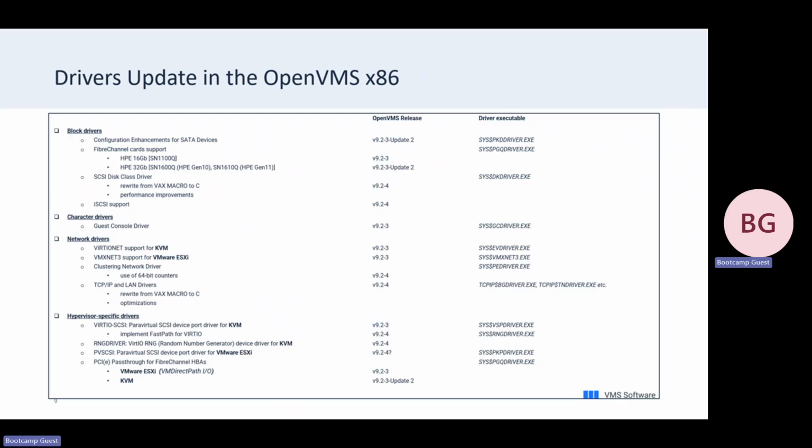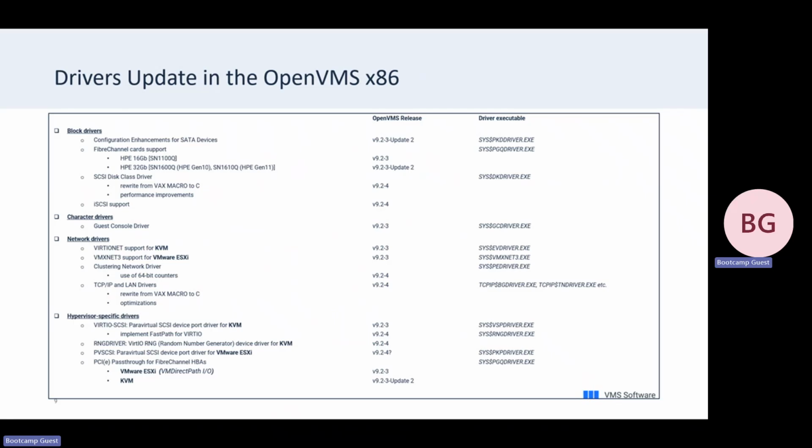And finally, of course, we run on VMs and we support two different hypervisors, VMware and KVM. So first of all, VirtIO SCSI, the paravirtual SCSI device port driver, which in the next release will also support FastPath. We have also for KVM the RNG driver for random number generation, which will be also included in the next release.